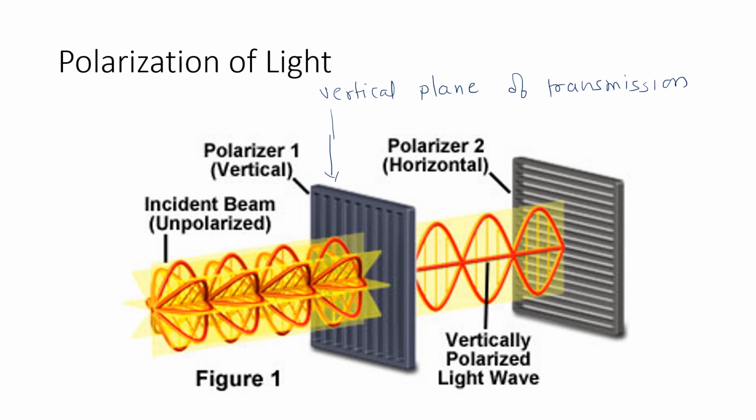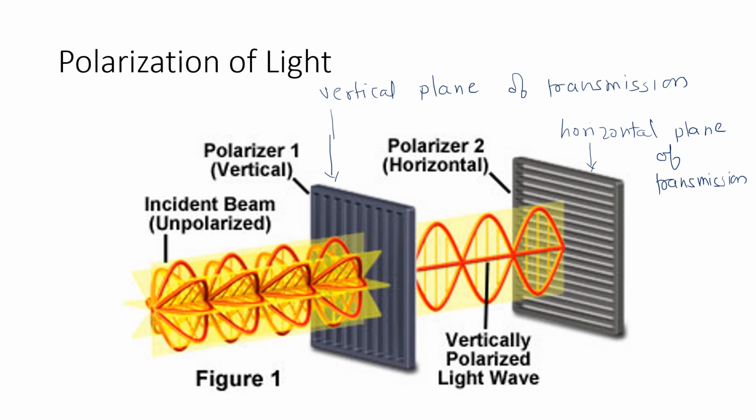Whereas this second plate we have kept here, how is the plane of transmission for this? See that these are horizontal lines. So this has a horizontal plane of transmission. This polarizer is going to allow only horizontal vibrations. Now, are there horizontal vibrations incident on this plate?